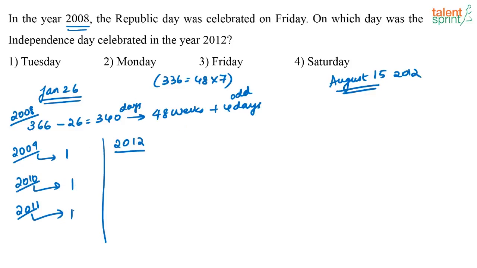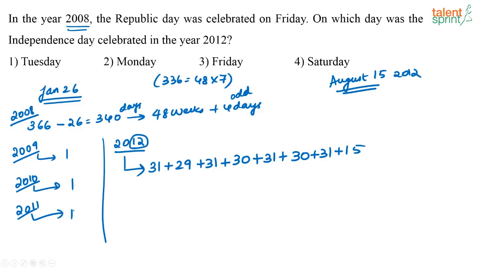But let's wait. Now let us look at 2012. In 2012 we have to take till which day? Till August 15th. So how many days are there in each month? 31 days in January, 29 days in February. Remember, it's a leap year. Again 31 days in March, 30 days in April, 31 days in May, 30 days in June, 31 days in July and 15 days in August.